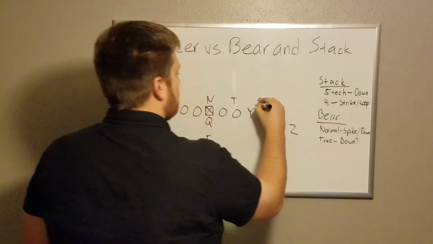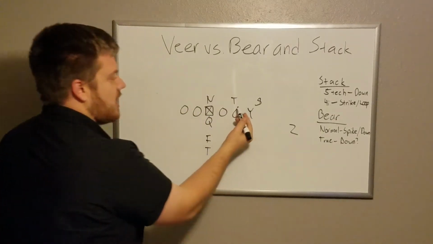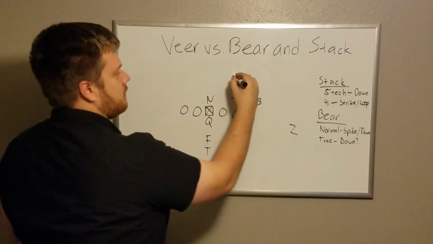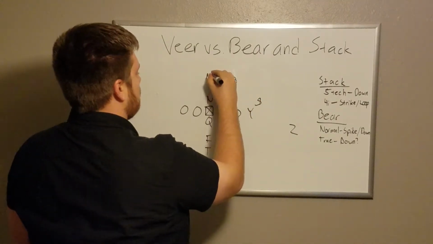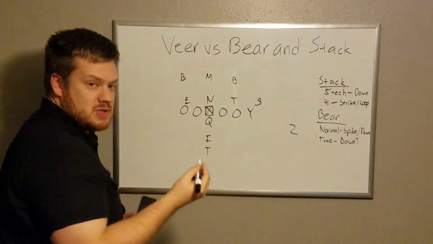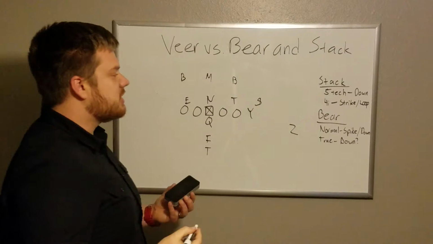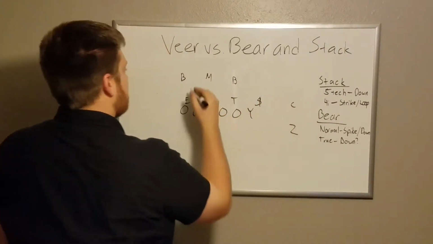Okay, so this time I'm going to put the tackle and end in 4i's. So now essentially the tackle's going to have a B gap and the backer's going to have a C gap. Which is typically how most stack teams will play us. Some teams in our league like to work on a stack to play against us.